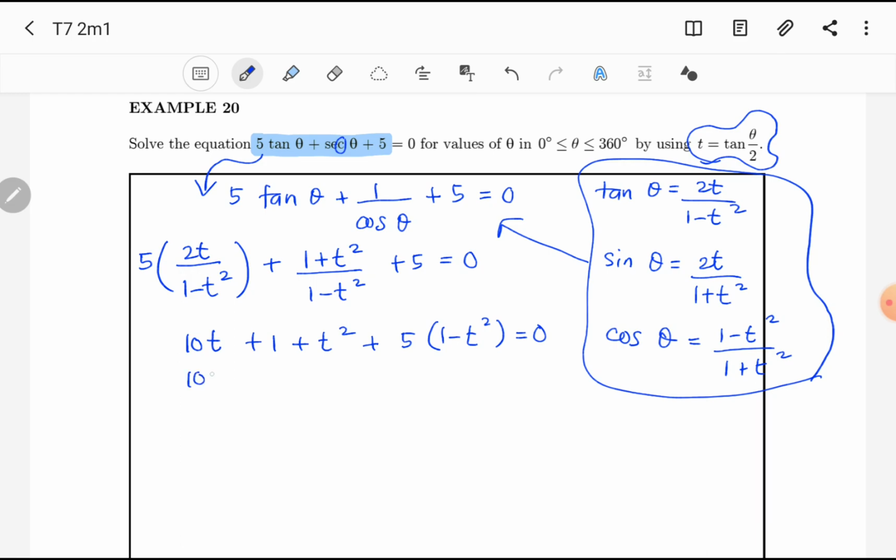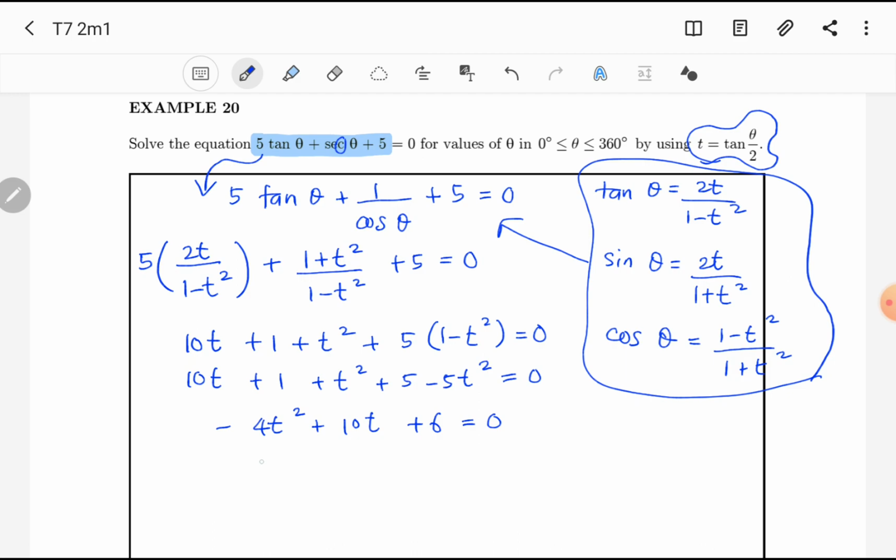So 10t plus 1 plus t square plus 5 minus 5t square equal to 0, or negative 4t square plus 10t plus 6 equal to 0.